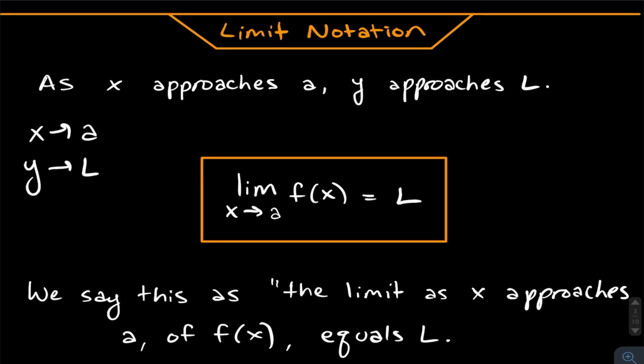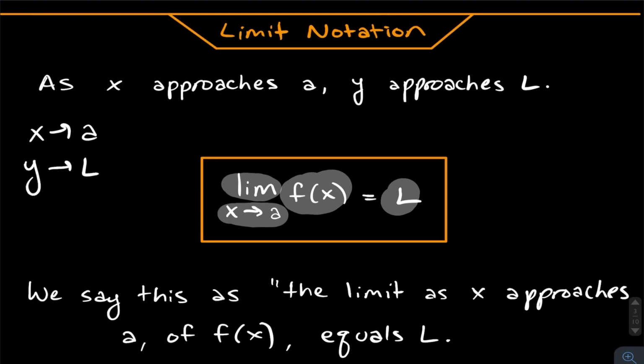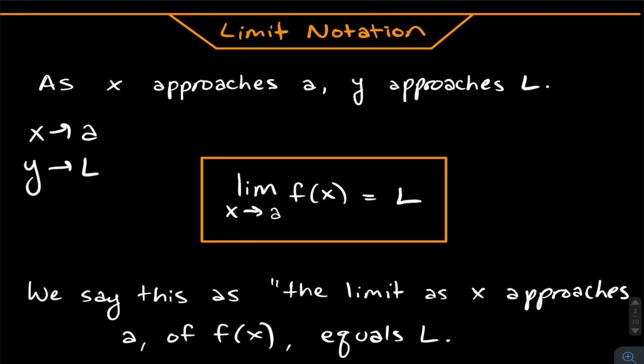So how we write this: as x approaches A, this limit, where is y going? Well, it's going to L. How we actually say that is: the limit as x approaches A of f of x equals L. Think of that f of x as our y.